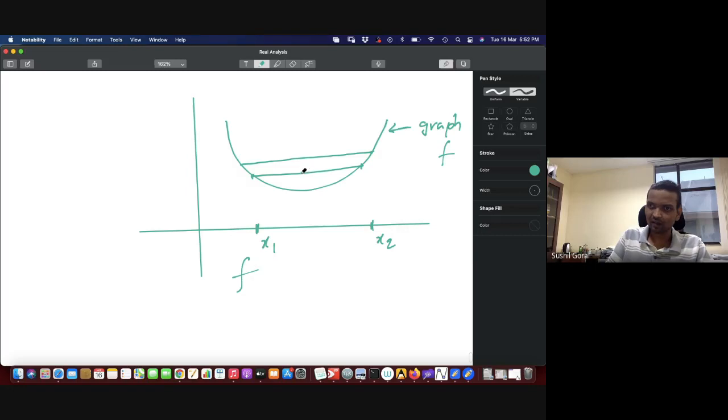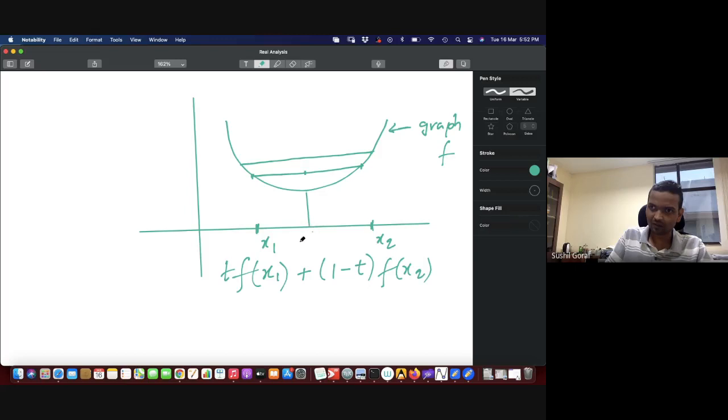Any point on the line will be t times f(x1) plus 1 minus t times f(x2). Any point will be of this form, and this is bigger than the functional value here, right?